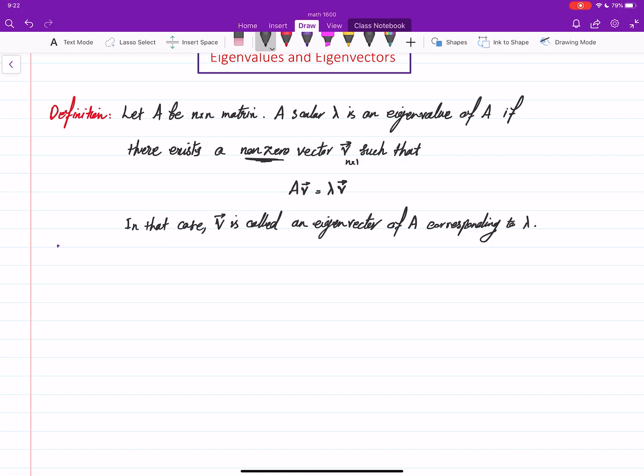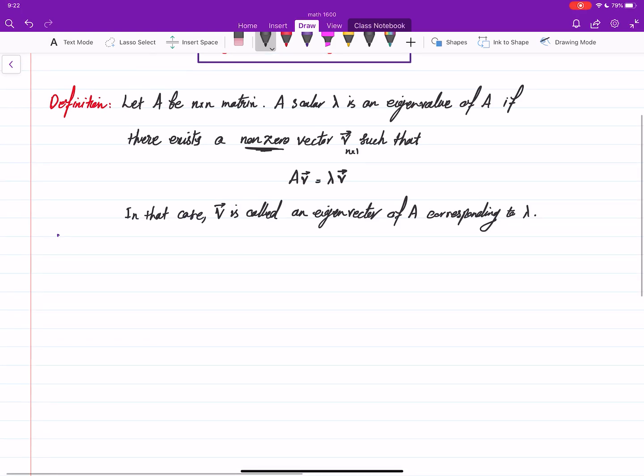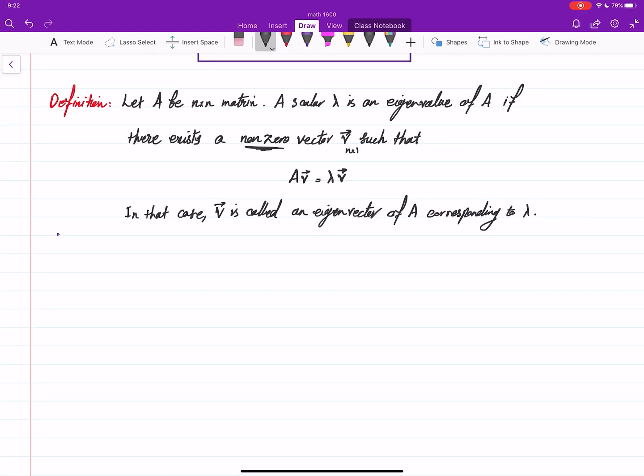So we have to see if we can find a non-zero vector. It is very important: eigenvectors are non-zero vectors. The zero vector is never an eigenvector. But for different eigenvalues, we may find different eigenvectors. Let's see some examples here.